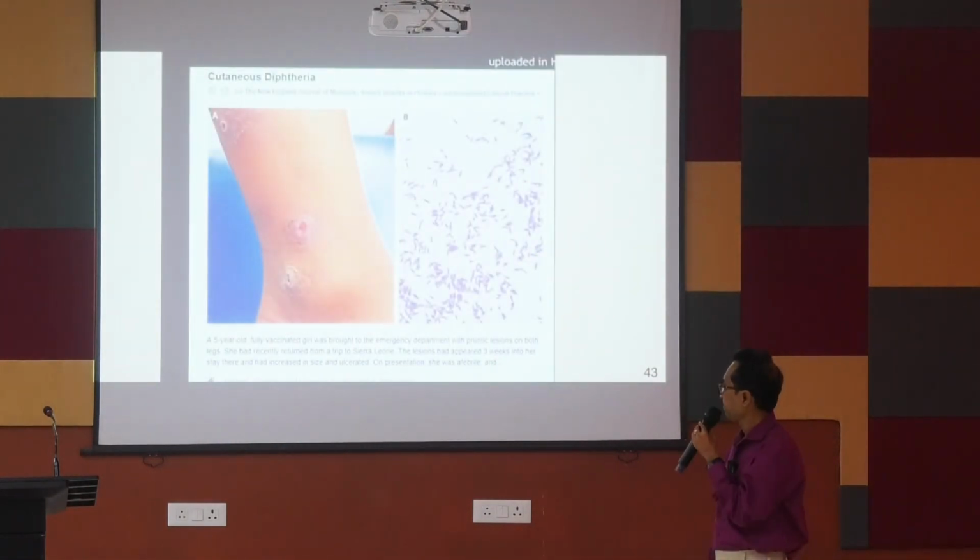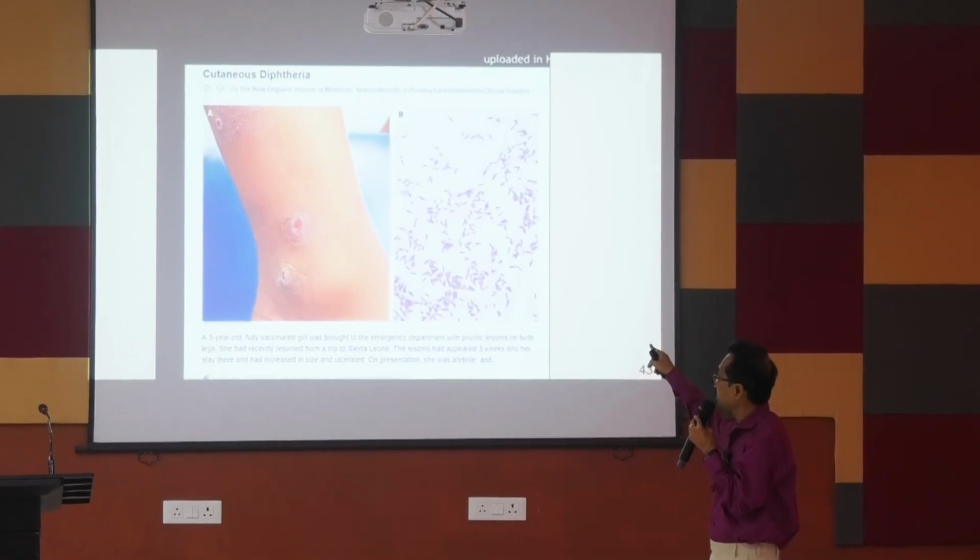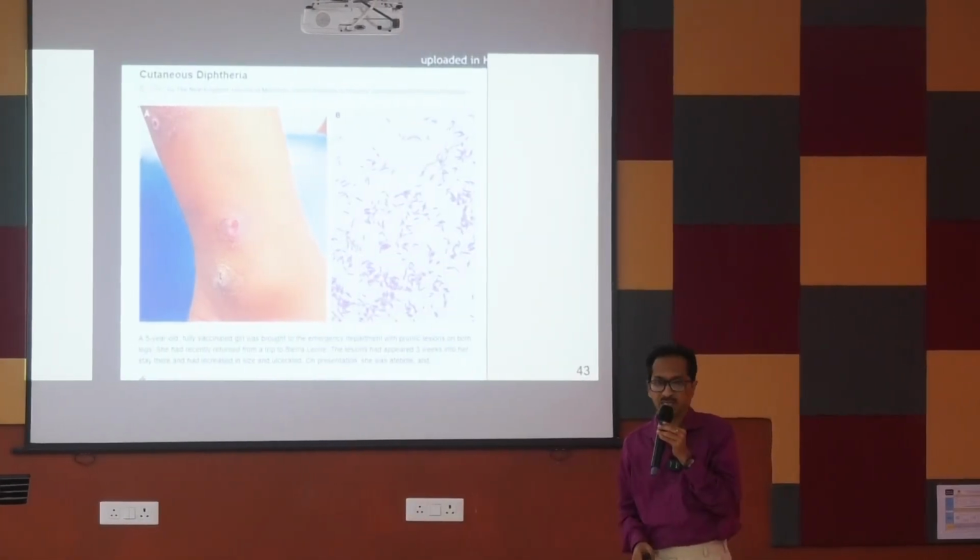This is one example: a 5-year-old boy, fully vaccinated, was brought to the emergency with a pruritic lesion and a punched out ulcer with a membranous exudate over the ulcer, and when you do a gram stain, you see gram positive bacilli.